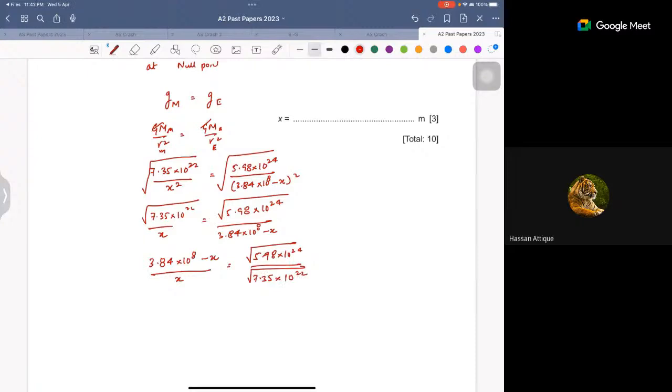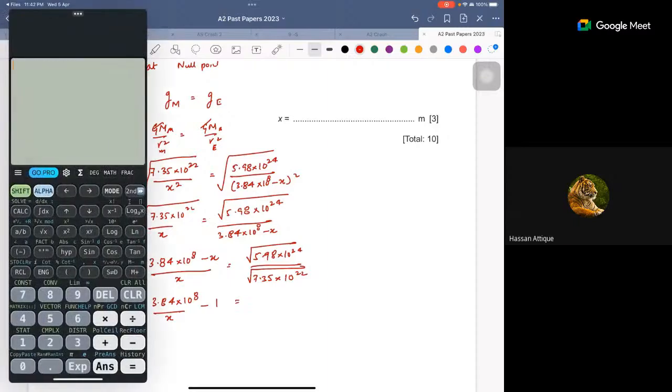Okay, so you can divide by x. This will be 3.84 times 10 raised to 8 divided by x, minus 1, because x divided by x will be just 1. And you can basically find this. So let's do that.